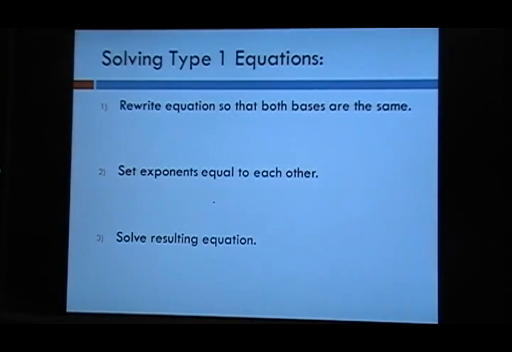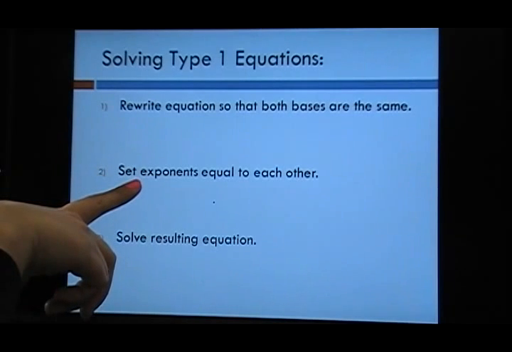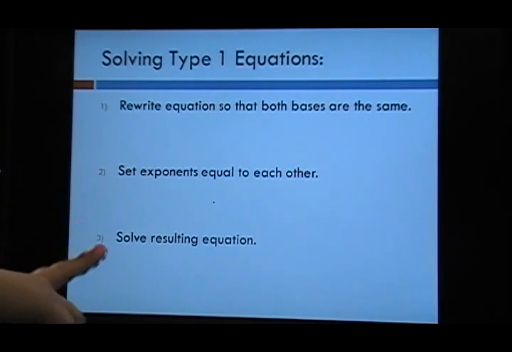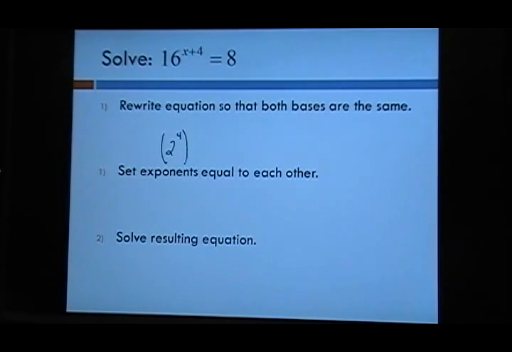So the first type, like I said, those that can be written in terms of the same base. You would rewrite the equation so that both bases are the same. Once you have that, you can set the exponents equal, and then you would solve from there. So in this example, we already decided 16 is 2 to the 4th. So we have 2 to the 4th raised to the x plus 4, and 8 is 2 to the 3rd.